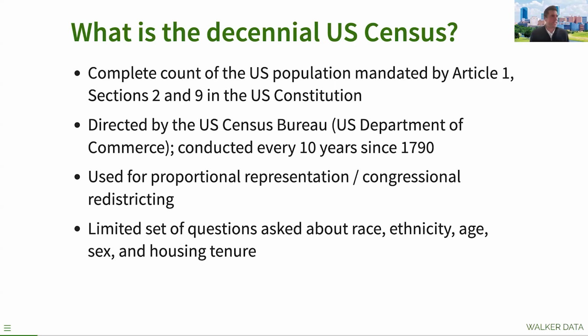There are a limited set of questions asked about race, ethnicity, age, sex, and housing tenure. If you attended the webinar last week on the American Community Survey, the ACS is a survey sample of the US population. So it's not a complete count, but it asks a wide range of questions that you'll be very interested in that aren't asked in the decennial census.